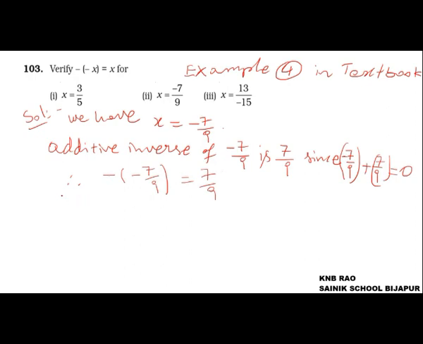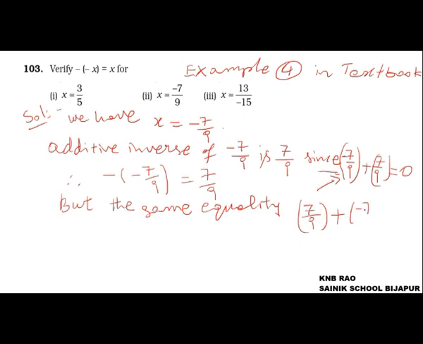But the same equality can be brought like this: 7 by 9 added to minus 7 by 9 gives 0.